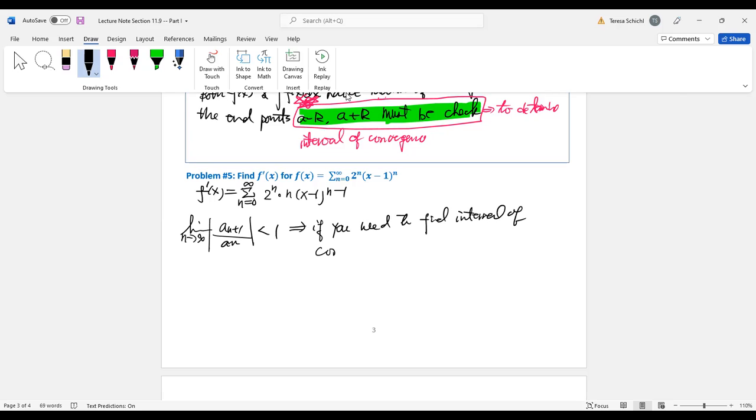So it's kind of back to our section 11.a, when we first defined the power series: how do you find the interval of convergence? You need to use the ratio test and then check the endpoints here. In here, the problem did not ask us because we just want to learn the skill. We already learned how to find the interval of convergence from the previous lectures.